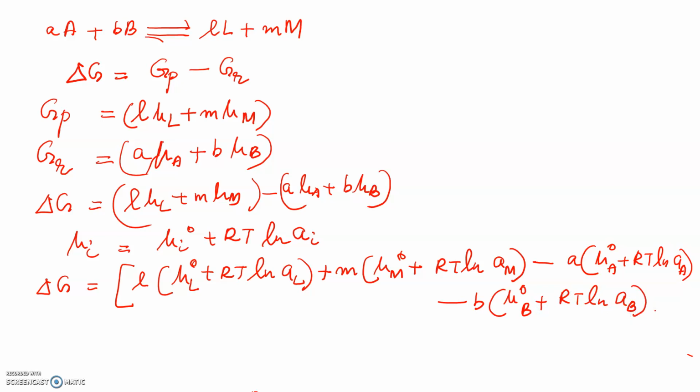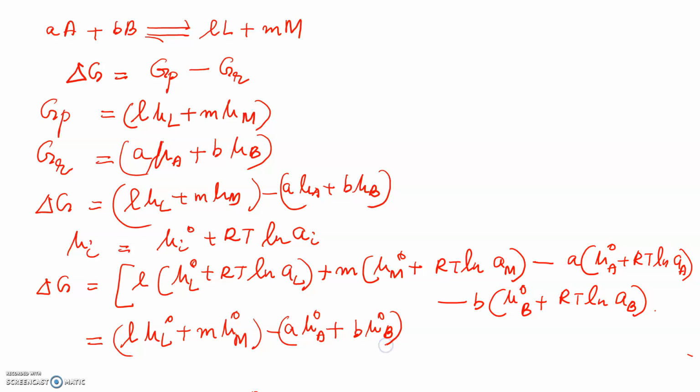Now let's club together the mu 0 terms, that is, the chemical potentials in the standard state. So we have l mu L0 plus m mu M0 minus a mu A0 minus b mu B0.